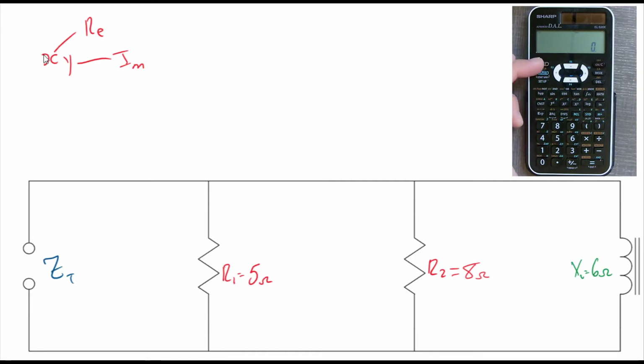If I press on this calculator its second function, whatever calculator you have, it will be the button that allows you access to all of the extras. On this calculator second function is for all of the orange functions, alpha is for all of the green.